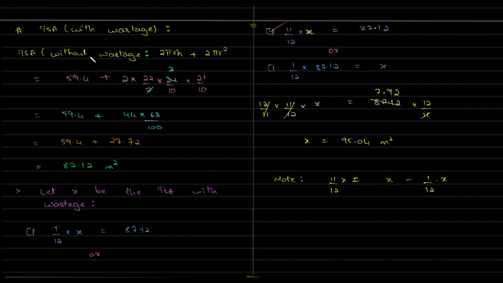So this was the entire sheet that we started with, and this was wasted, so this was used, obviously. So what we used is what we started with minus what we wasted. I hope it made sense. So I took the LCM and we get 11 by 12.